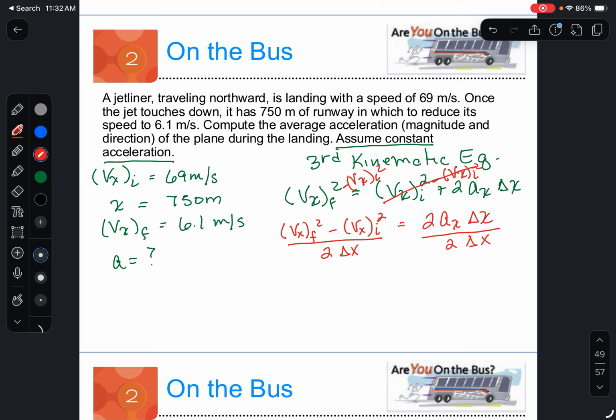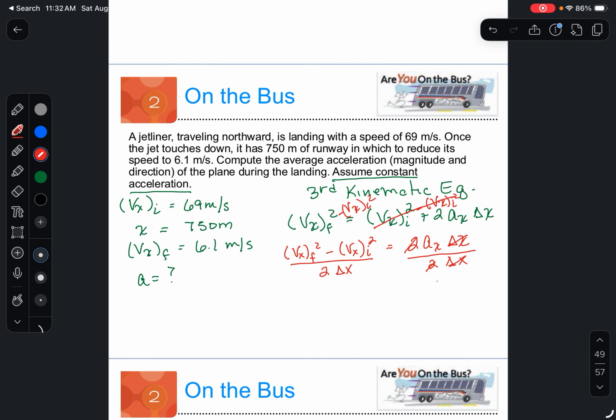So on our right, we're going to be canceling the 2's. We're going to be canceling the delta x's. So we're going to be left with our acceleration in the x direction is Vx final squared minus the velocity initial squared, divided by 2 delta x.